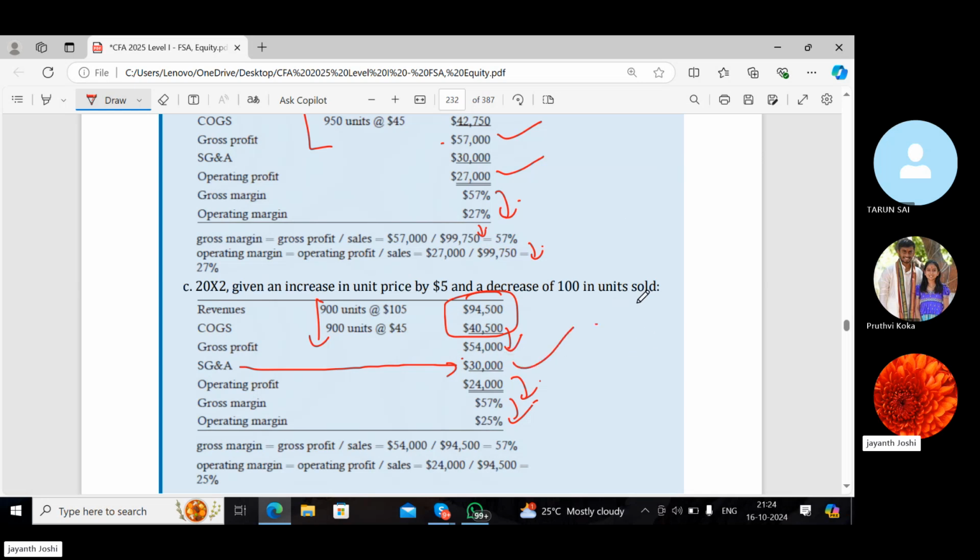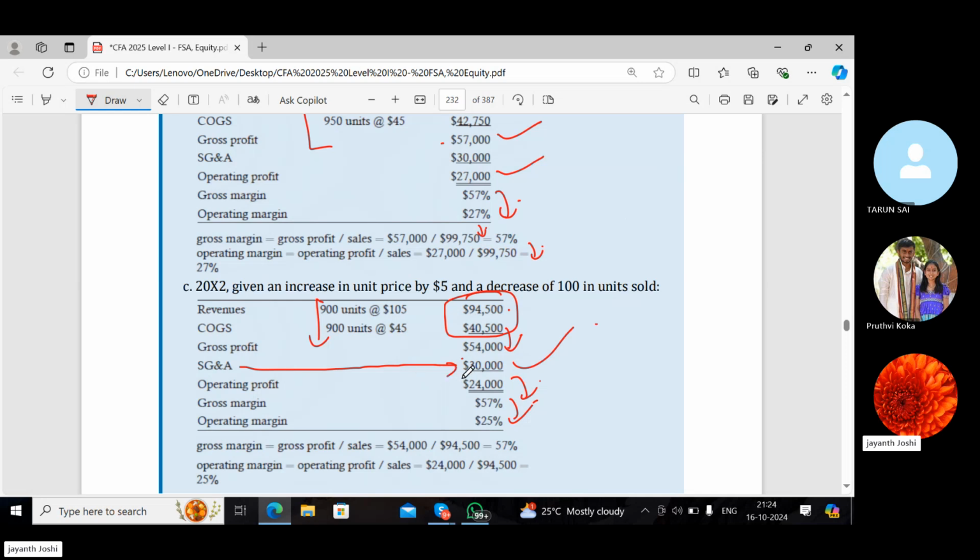Are you understanding? Yes. See, when the revenue increases, your fixed costs seem to be like peanuts. But when your revenue is decreasing, your fixed cost seems like a very big burden, right? So here your revenues have decreased, but the fixed cost is the same.